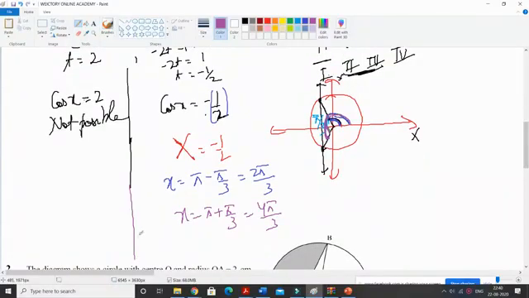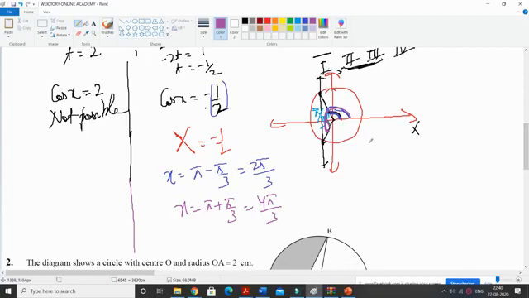Now there is another way to solve this. The other way, if you have watched my previous lesson, is cos theta is equal to cos alpha. If we can write it like that, then theta is equal to 2n pi plus minus alpha, which is your solution.